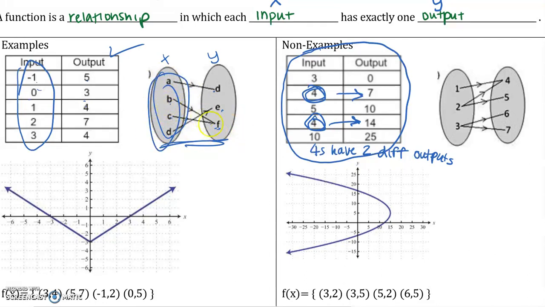It's okay that B and C go to the same value, F, but if we go to the other set of bubbles, if you notice, 2 has two outputs. 2 outputs 4 and 2 outputs 5. Right away, it's not a function because 2 has two outputs.